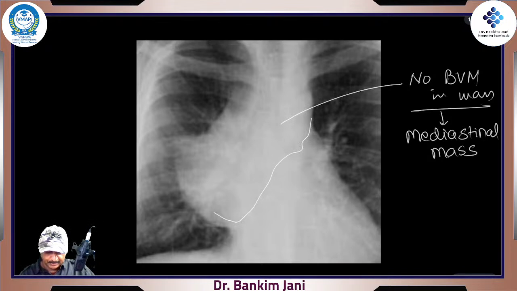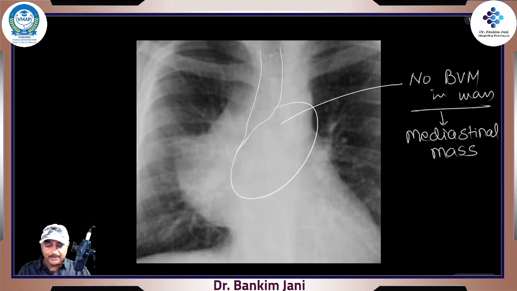If we forget about the mass for a few seconds, we can see the lung is very nicely seen, all the bronchovascular markings fully. See, this is the trachea, and it is shifted over here. This shape itself tells that there is something over here.